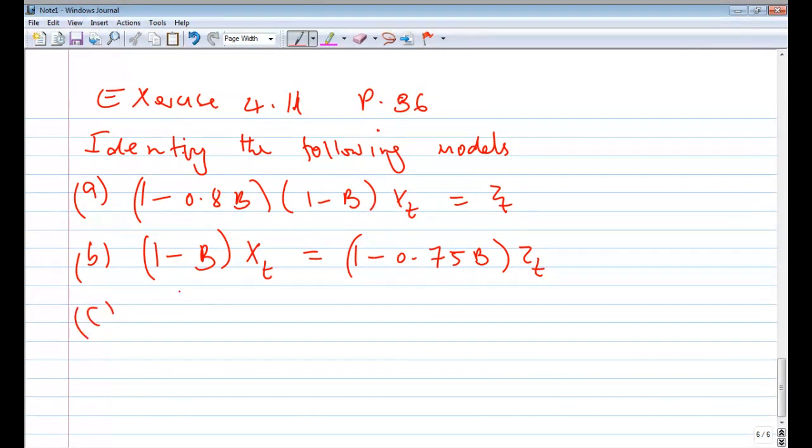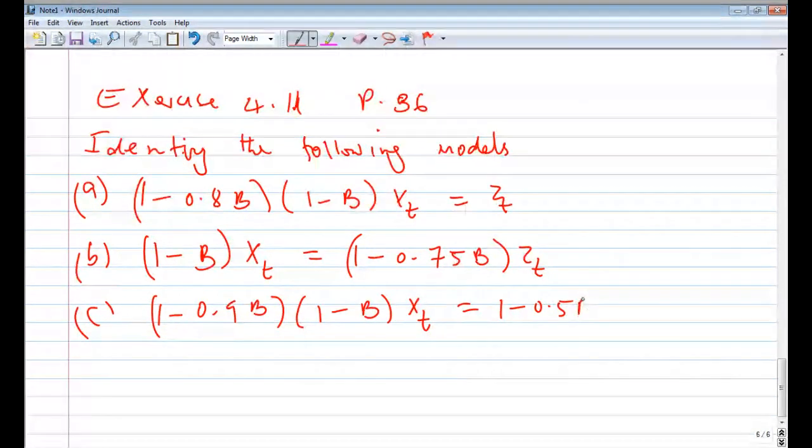The last one, number 3: 1 minus 0.9B, 1 minus B, xt, which is equal to 1 minus 0.5B, zt. You can see that.